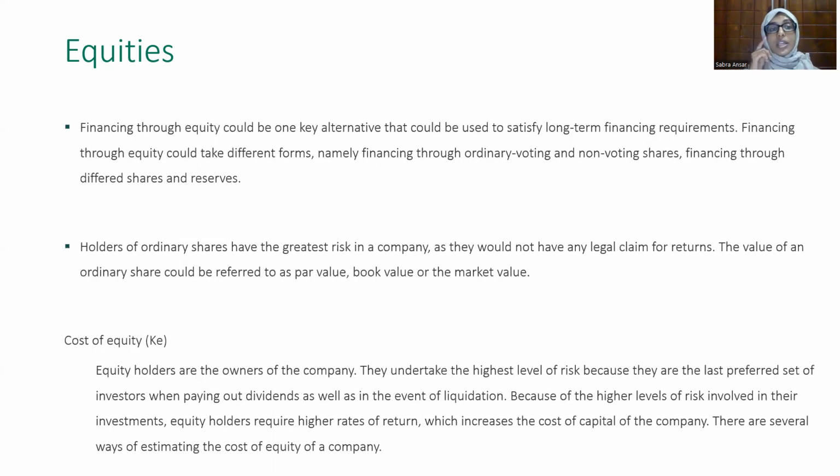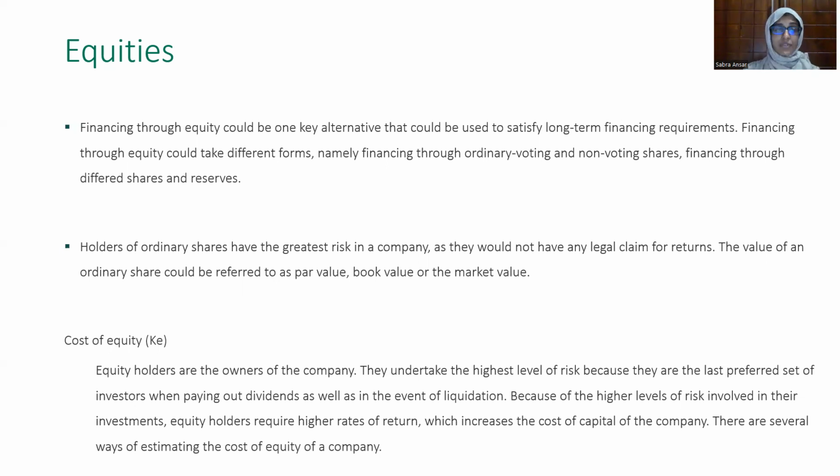Now we're talking about financing. If we talk about financing through equity, one of the key alternatives which we should understand is satisfying long-term financing requirements. Equity generally takes different forms: ordinary voting shares, non-voting shares, deferred shares, or even reserves.